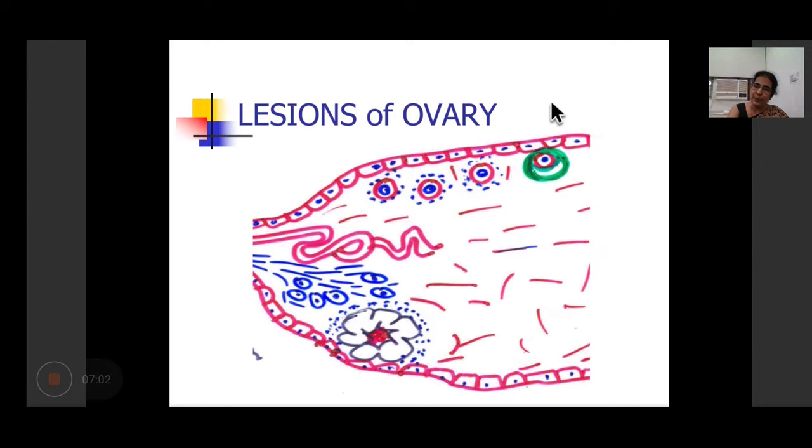So then what happens to the residual part of the corpus luteum? The corpus luteum will residually undergo fibrosis and it will become a corpora albicans. Fine. So then we have the stromal cells, which are the long thinned out, spindled cells of the stroma of the ovarian tissue, which would be there.